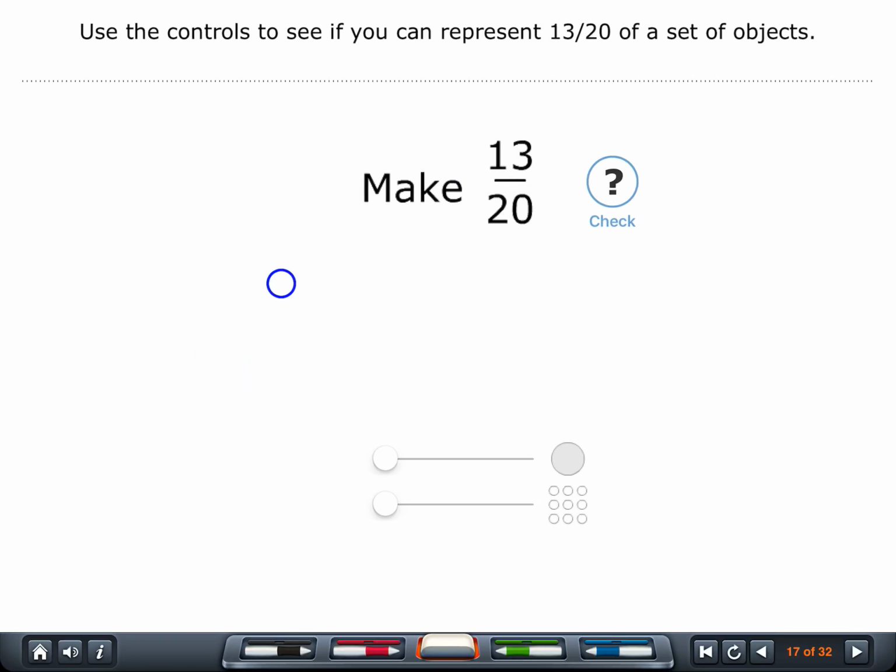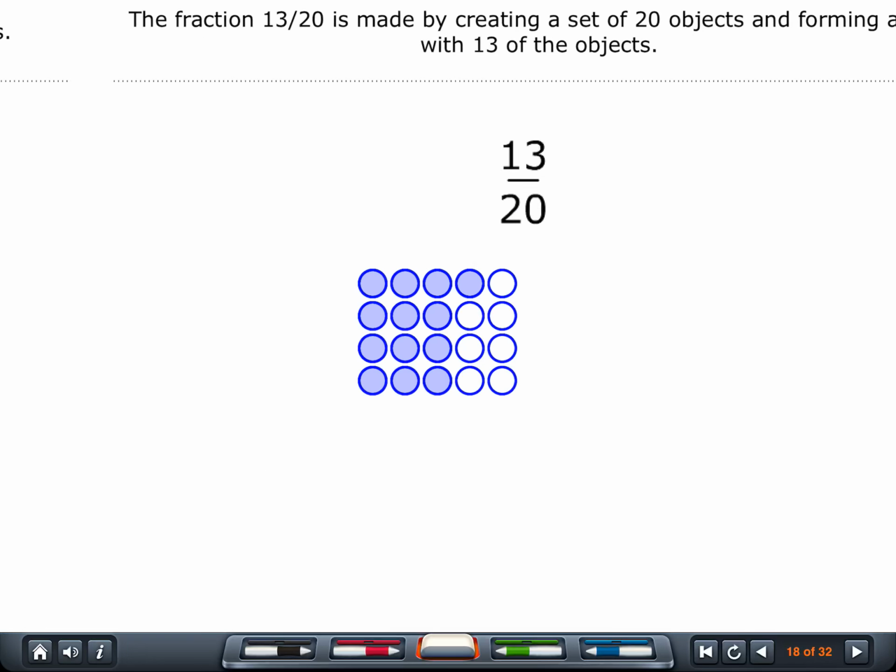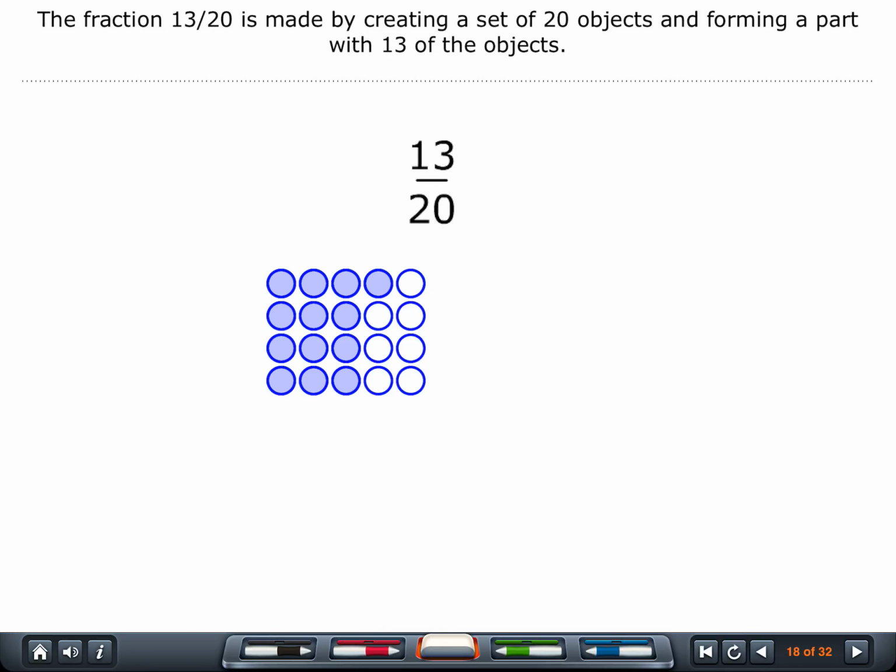Use the controls to see if you can represent 13/20 of a set of objects. The fraction 13 over 20 is made by creating a set of 20 objects and forming a part with 13 of the objects.